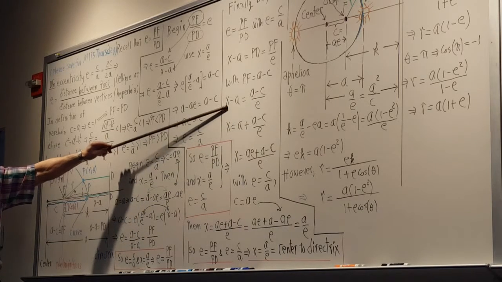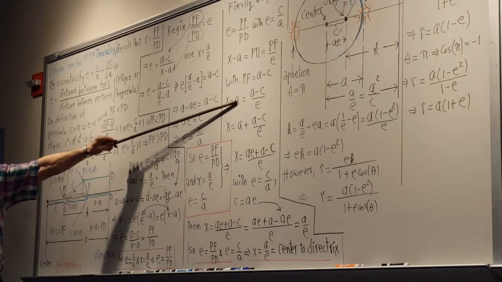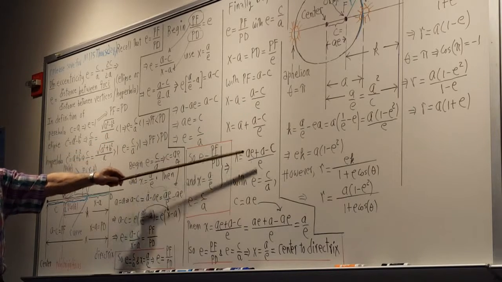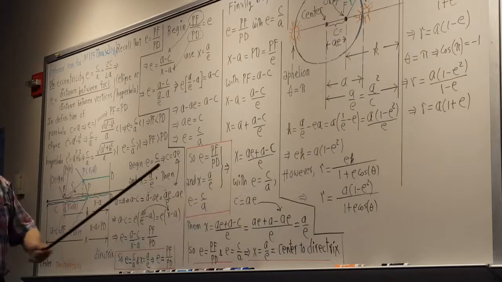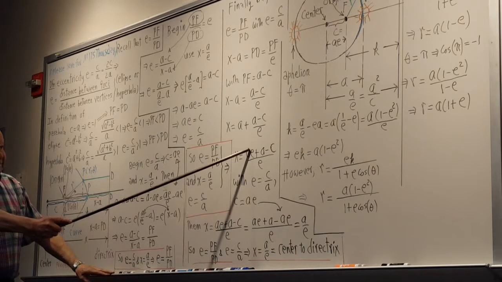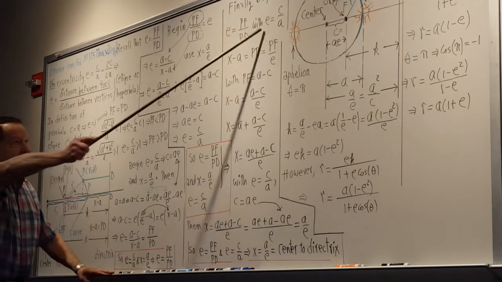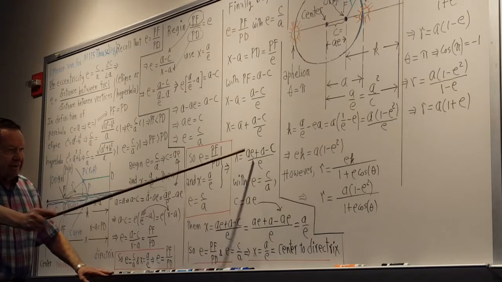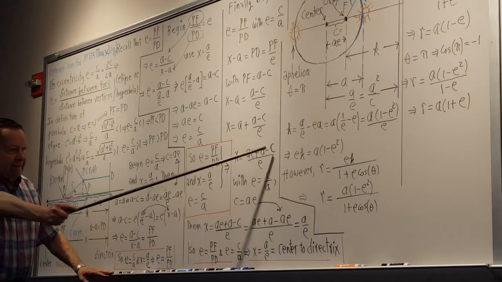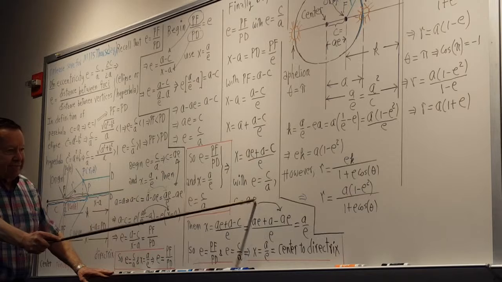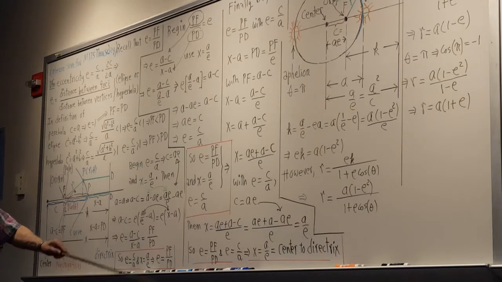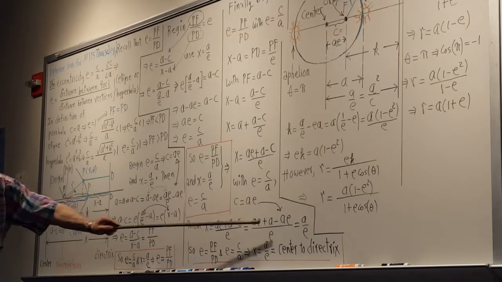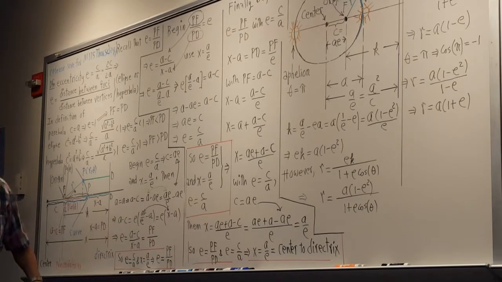So you can solve for X, take the A across, and get a common denominator. And C is AE from this, so put in the C, and then they cancel, and it leaves you X equals A over E, which I've written out like this.